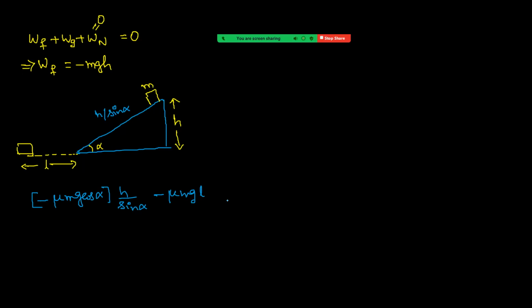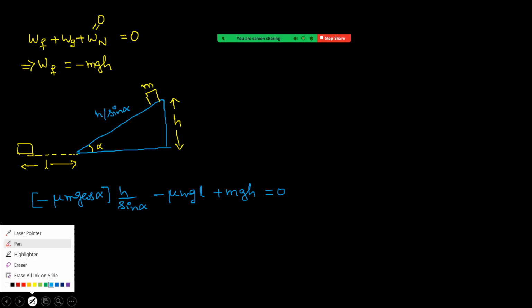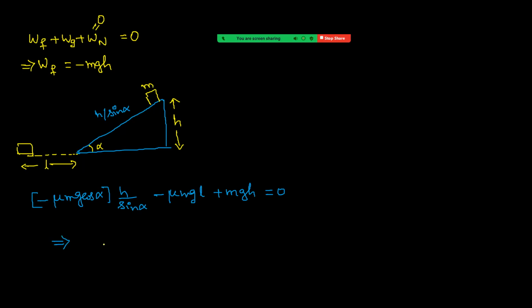Next, by gravity, it is a positive mgh. This is equal to 0. Now we have to solve for h, because if we get the h value in terms of given quantities, we can substitute it in the earlier expression. So h is here and h is here, and throughout there is mg, which I can cancel.